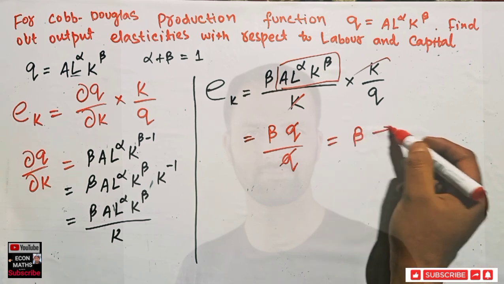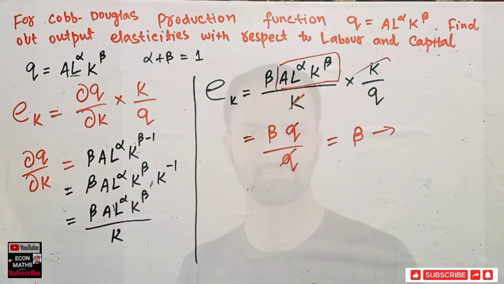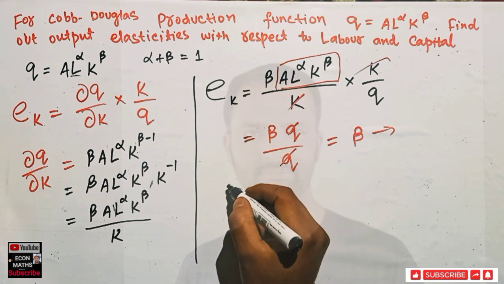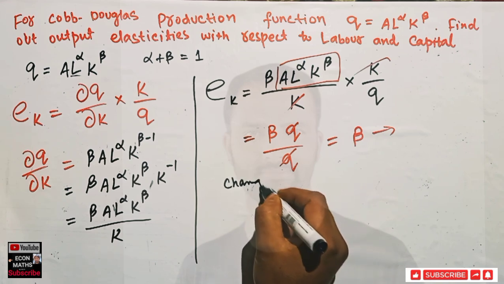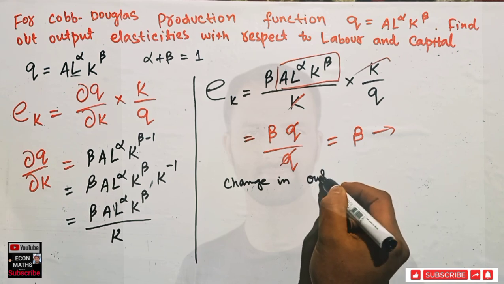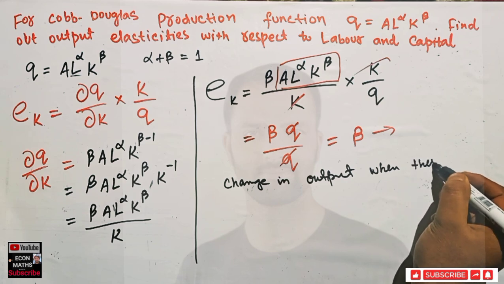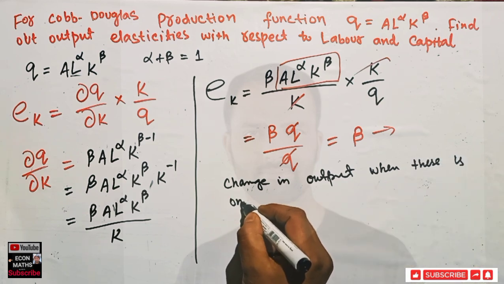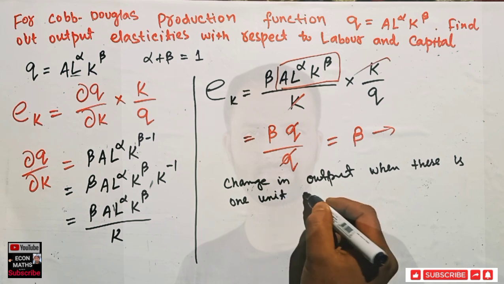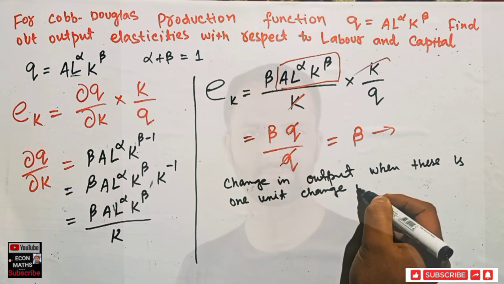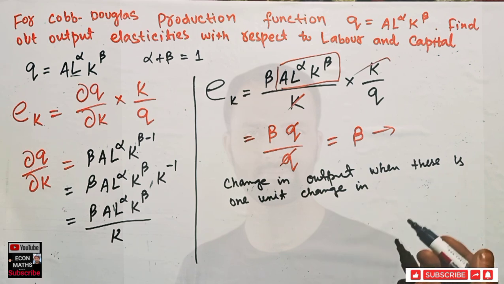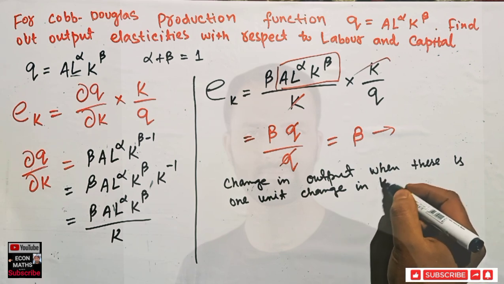Okay, so this beta is our output elasticity with respect to capital. And what is output elasticity with respect to capital? It tells us how much change in output there is when there is a 1 unit change in capital.